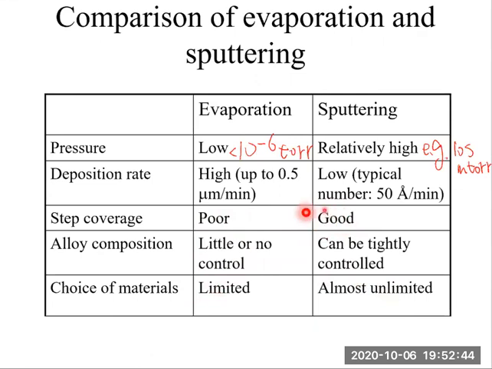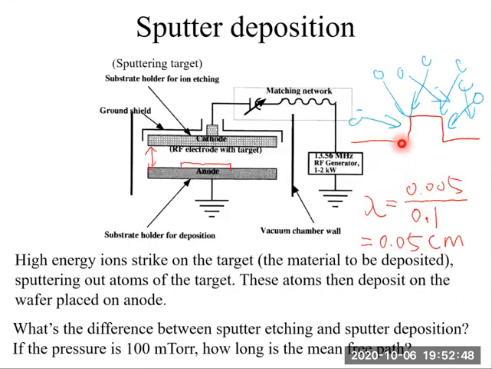And sputtering is good, as we just mentioned in the slide. It can cover the step pretty well because of the very short mean free path. So the atom will arrive at the substrate with a random angle, all kinds of angles.